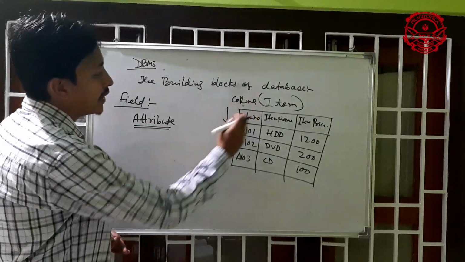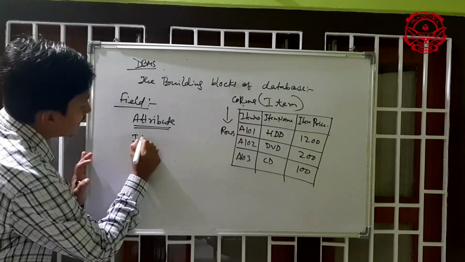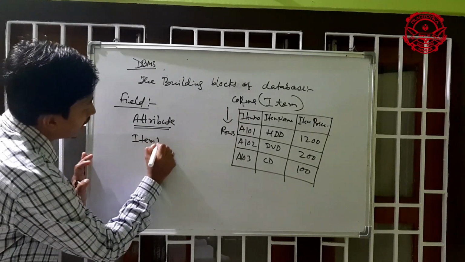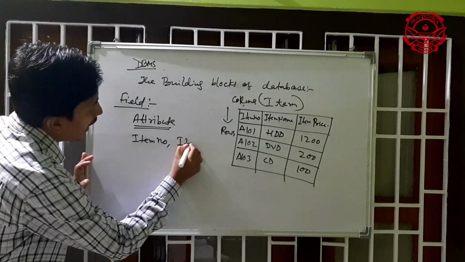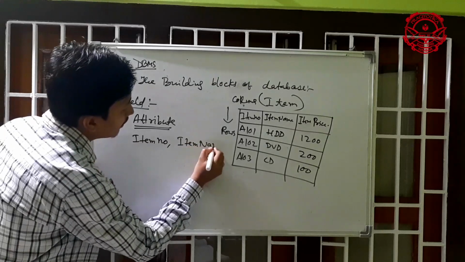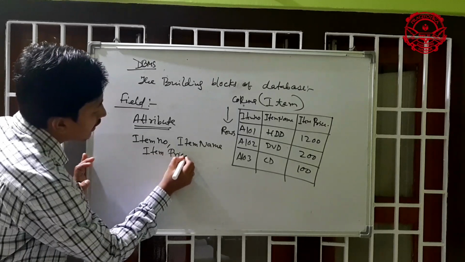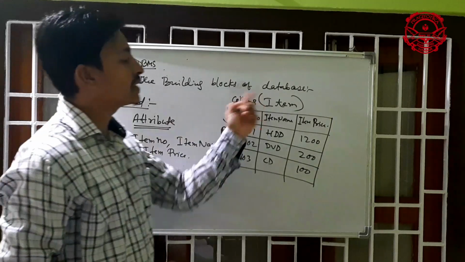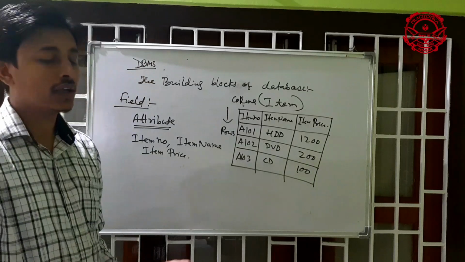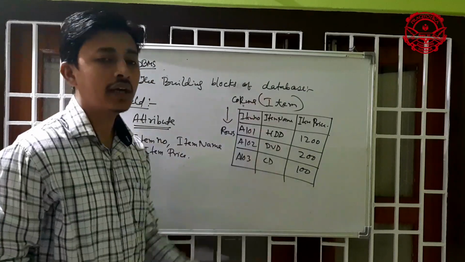In the table, the item number, item name and item price are the fields of this table, so they are the attributes of the table.